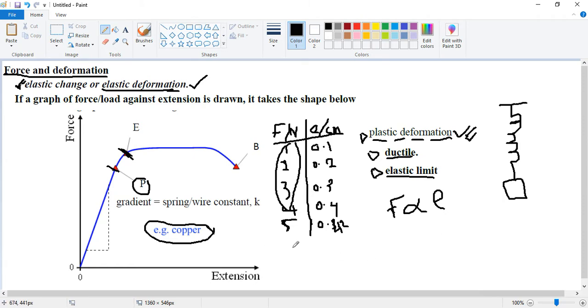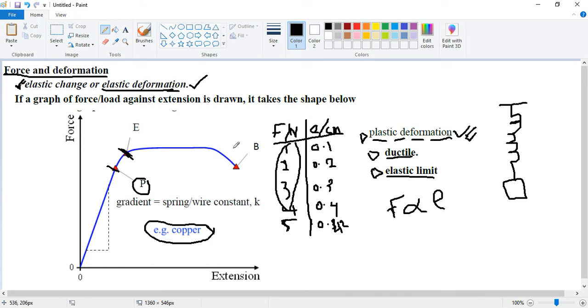For example, this diagram here is indicating that beyond a point E, you would notice that a very small change in force will give a very large extension. That is what it means, because you see it is flattening and so on and so forth.